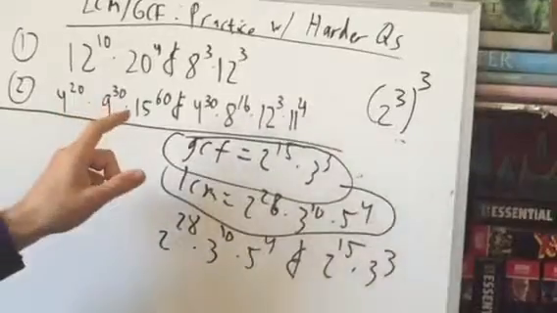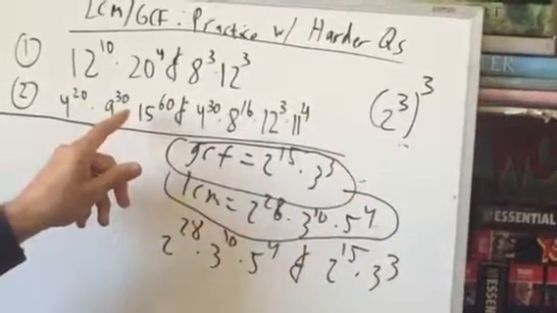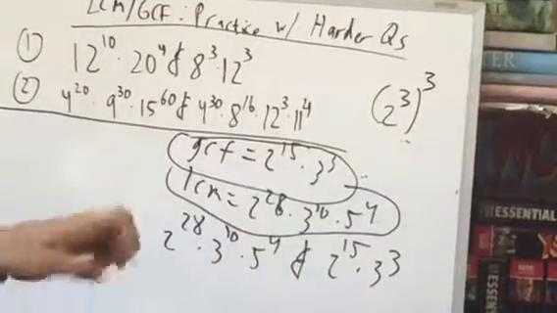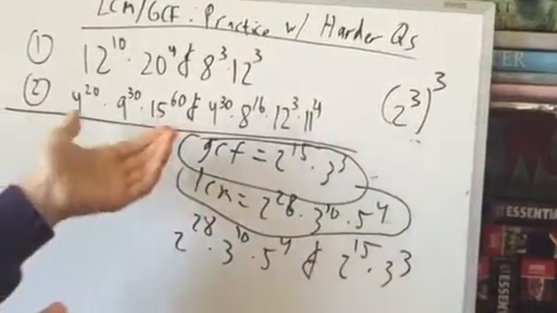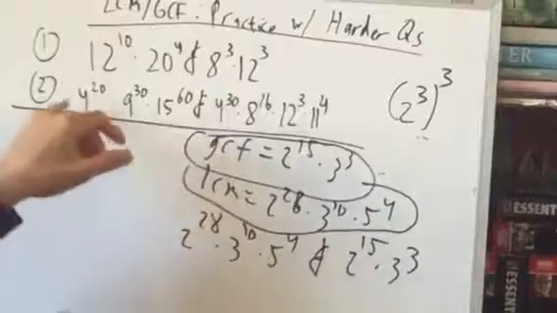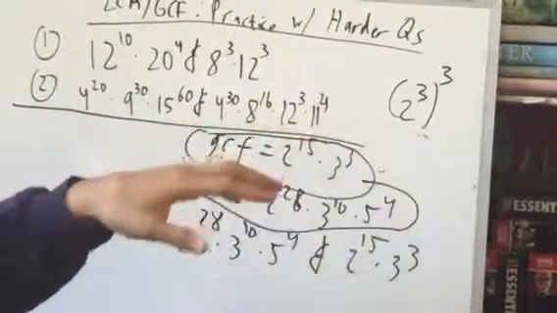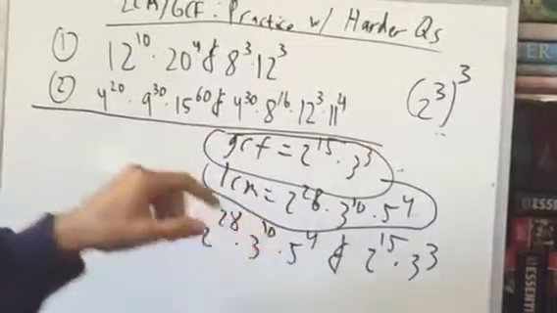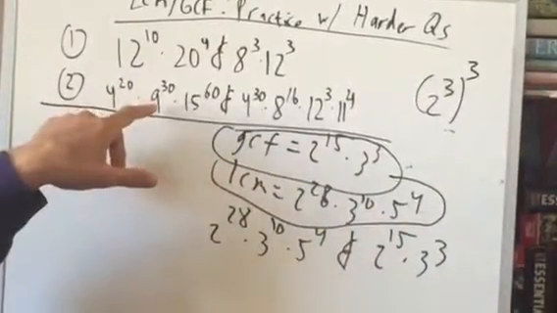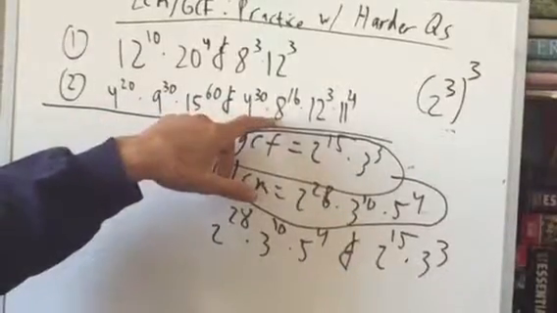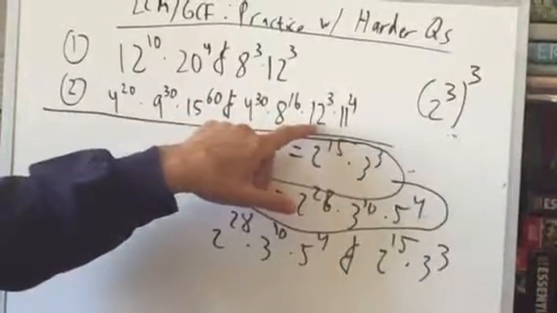I'm going to leave number 2 as an exercise, but the procedure should be the same. For number 2, your first step is to break your 4, 9, 15, 4, 8, 12 down to prime numbers. So this will be 2 squared, 3 squared, 3 times 5, 2 squared, 2 cubed, 3 times 2 squared.